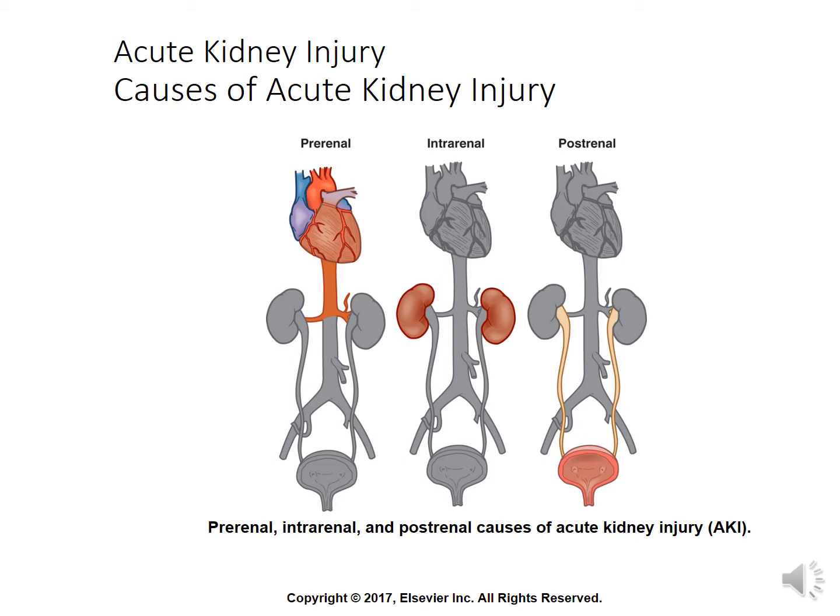We just went through a male reproductive condition that could cause post-renal acute kidney injury. So what would that be? Absolutely, BPH, our enlarged prostate. With diabetes, we talked about a neurogenic bladder. That would be an example of a post-renal acute kidney injury where there's an issue with the urine outflow.